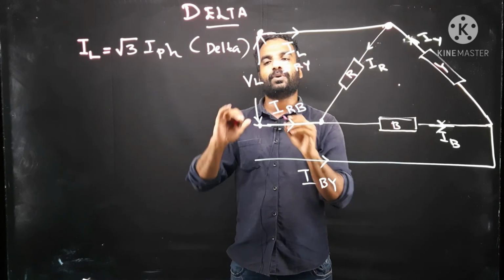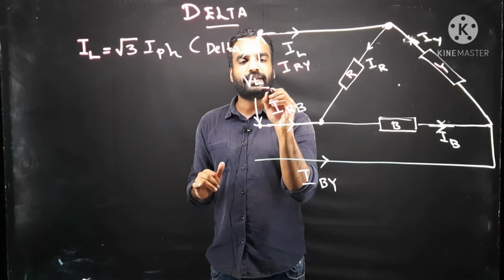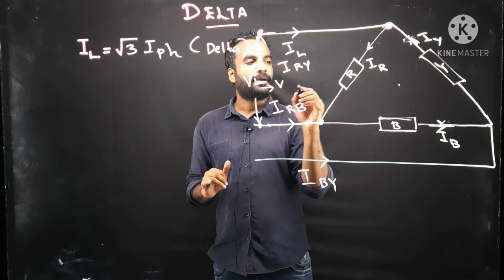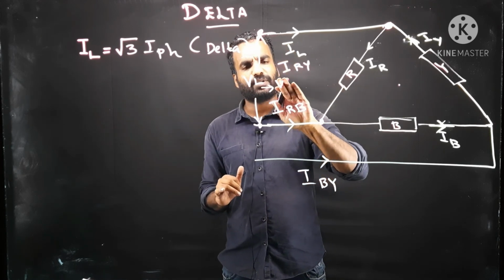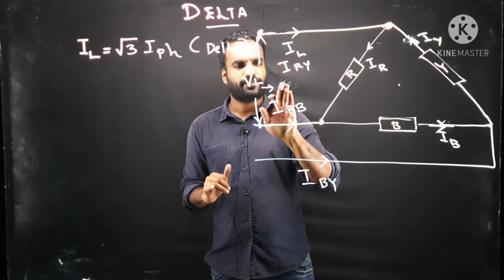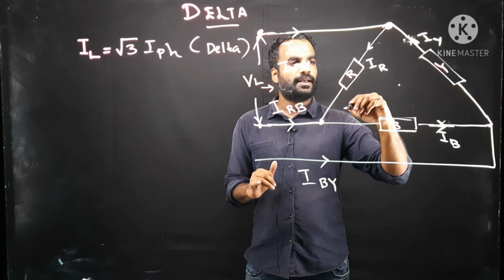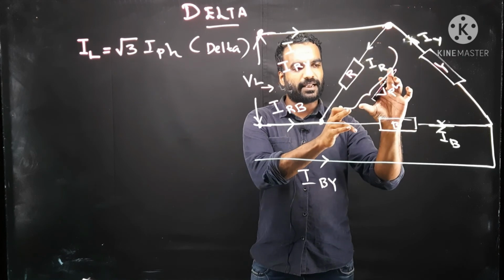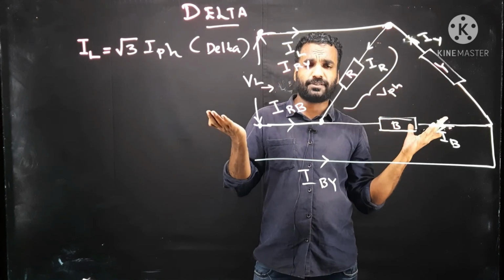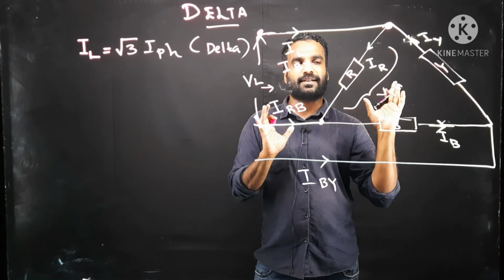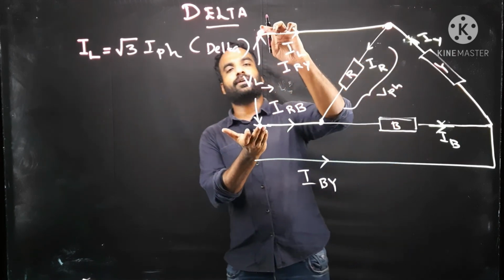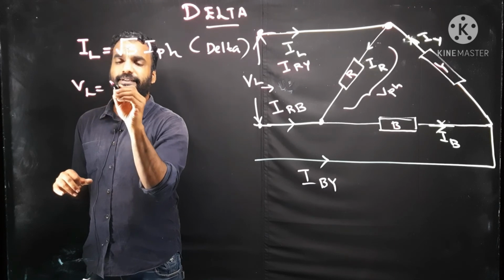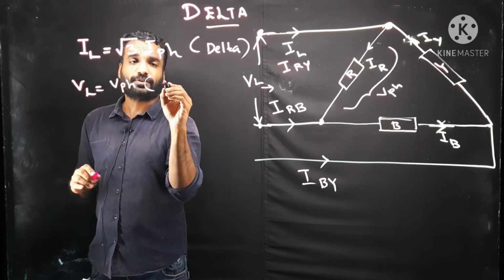In between two lines, you cannot mark it like this. Suppose this is line voltage and this is a phase voltage. Neutral point is not there. On both sides lines are connected. So this phase voltage will be equal to this line voltage.